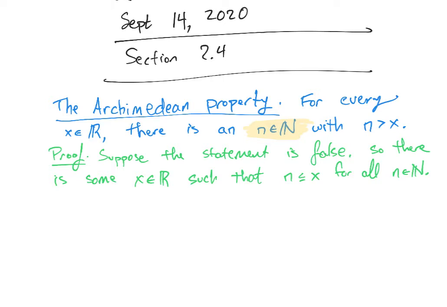Now, the supremum property applies to non-empty bounded sets. So this means, let me write it that way. This implies that N is a non-empty set that is bounded above.